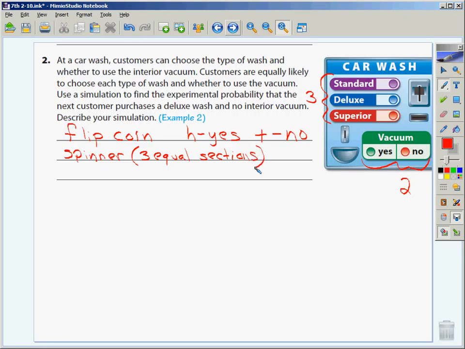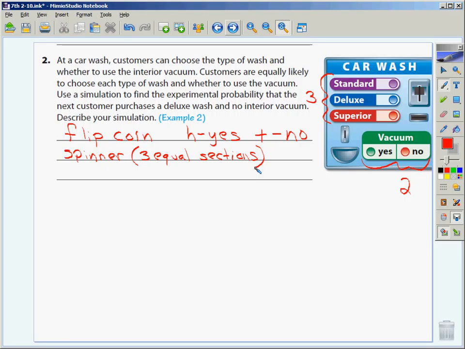Can anybody think of another thing that we might be able to use? Because we can't always just make a spinner that has 3 equal pieces to it. What's something that I could find a way to divide into 3 equal parts that most people have? You could use a die, right?